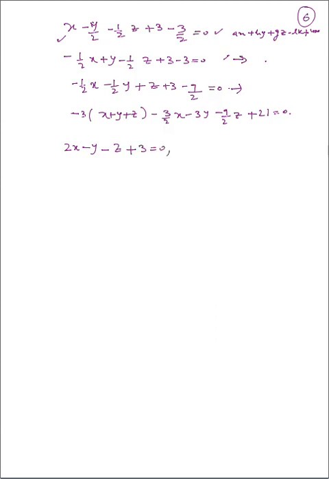Second one is −x, again LCM, plus 2y and −z, and this will cancel out, so this is 0.